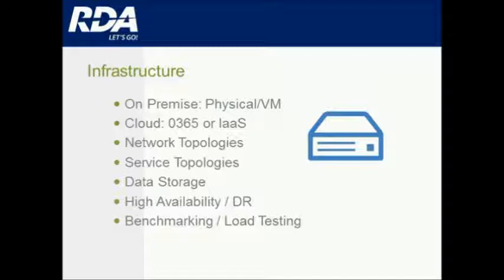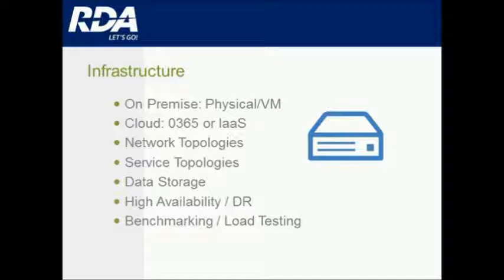With the cloud, you have two main options. You can go to SharePoint Online in Office 365, or use an infrastructure as a service solution like Azure, Amazon Web Services, or Rackspace. There are a number of network topologies that are supported by SharePoint.